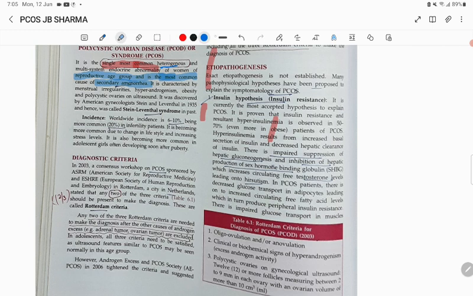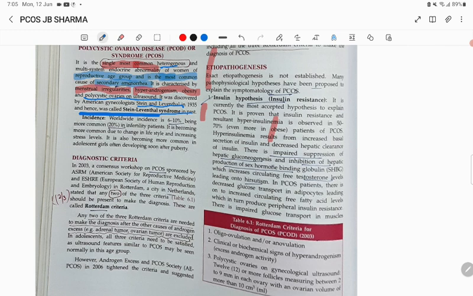It is characterized by menstrual irregularity, hyperandrogenism, obesity, and polycystic ovaries on ultrasound. Discovered by American gynecologist Stein-Leventhal in 1935, and hence was called Stein-Leventhal syndrome in the past.